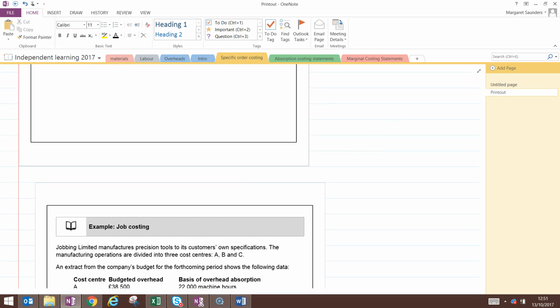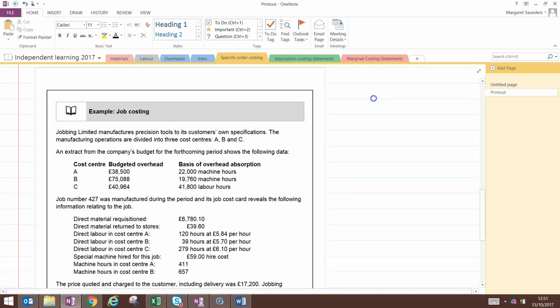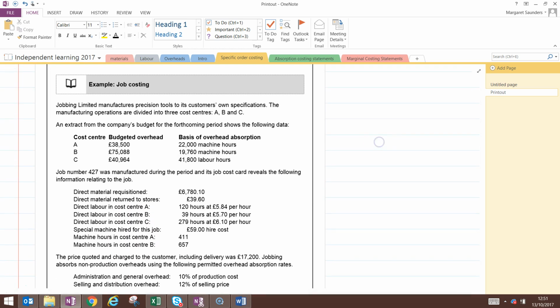So we'll look at an example of job costing. So we have a lot of information here. We have been given some information about budgeted overheads and basis of absorption.